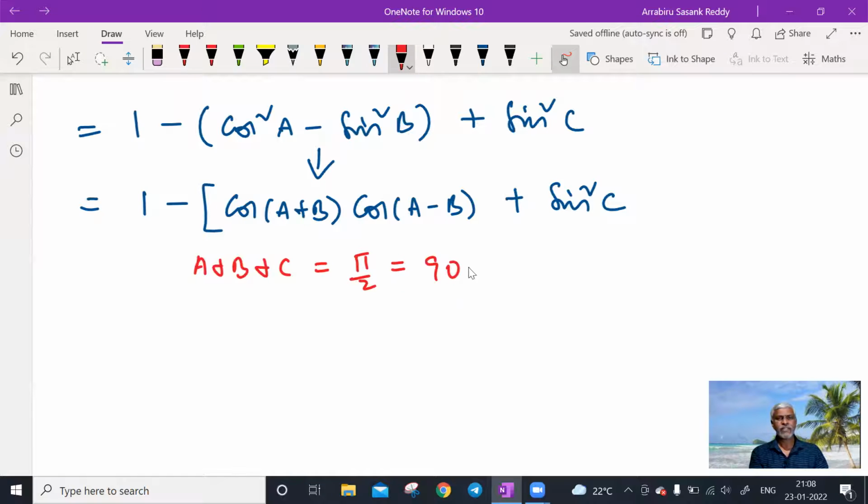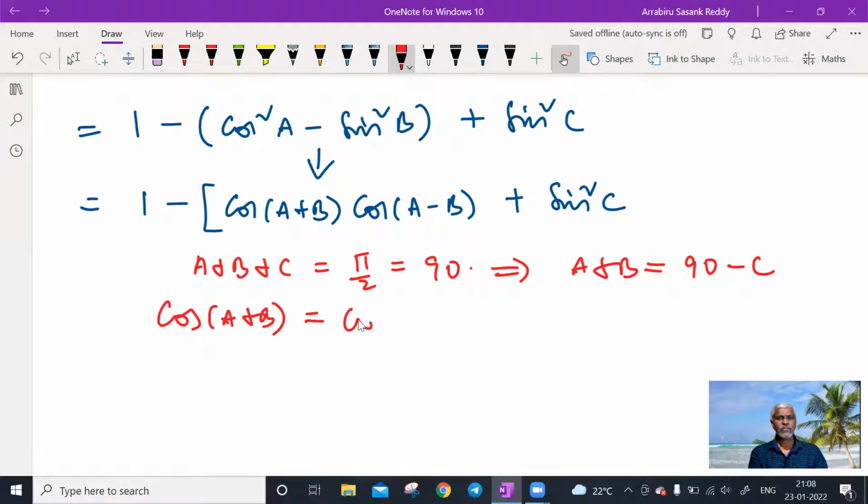A plus B is equal to 90 minus C. So cos (A+B) is equal to cos (90 minus C), that is sin C.